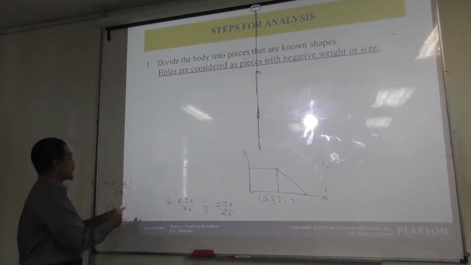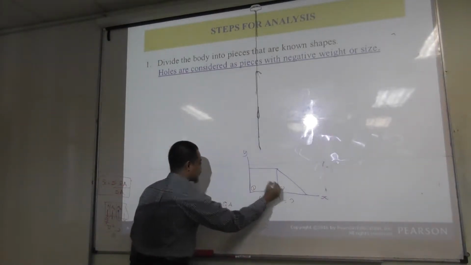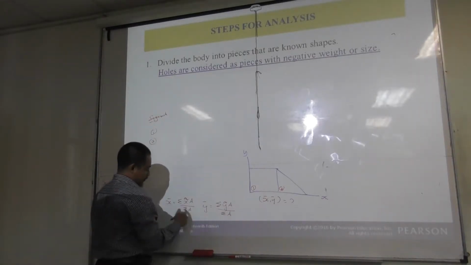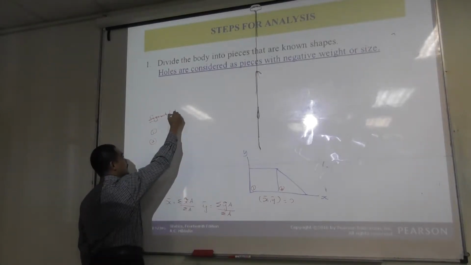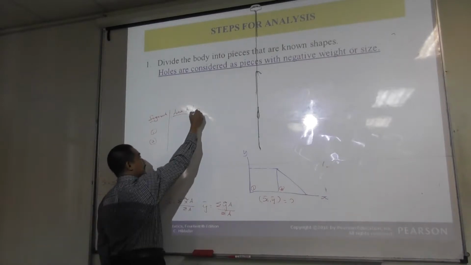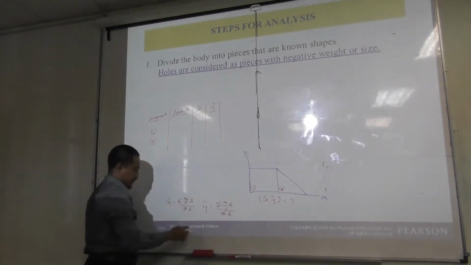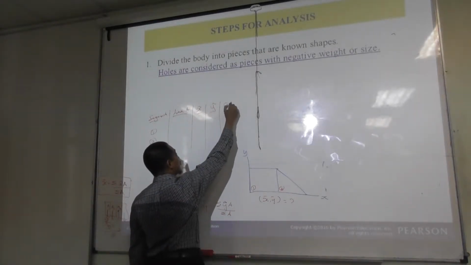So when you want to do the table, first you will have the segment, let's say segment 1, 2. And then you want to have area a, and then x coordinate, y coordinate. And then here we need xa and ya.